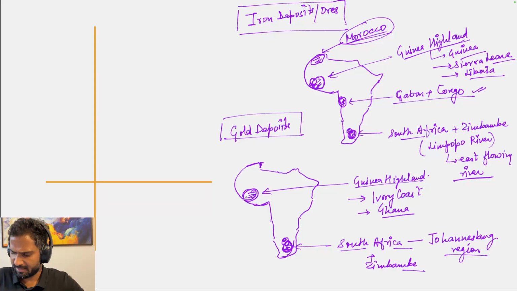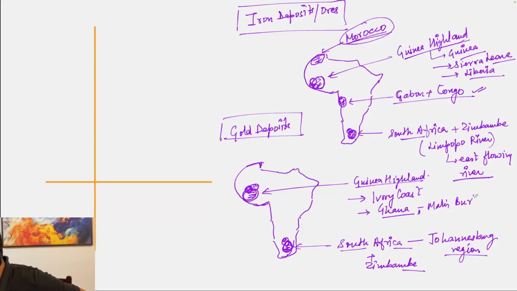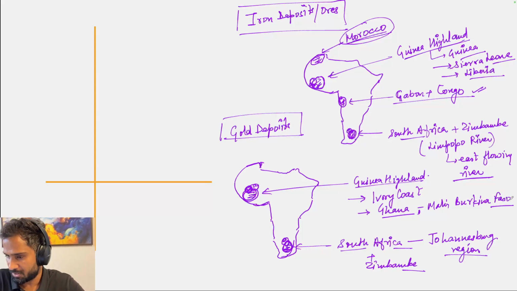So these countries, Ivory Coast, Ghana. Okay. If you remember, over here you'll find Burkina Faso. Then the southern part of Mali is over here. So do mention these countries, Mali, Burkina Faso. These countries are rich in gold deposits. Okay.